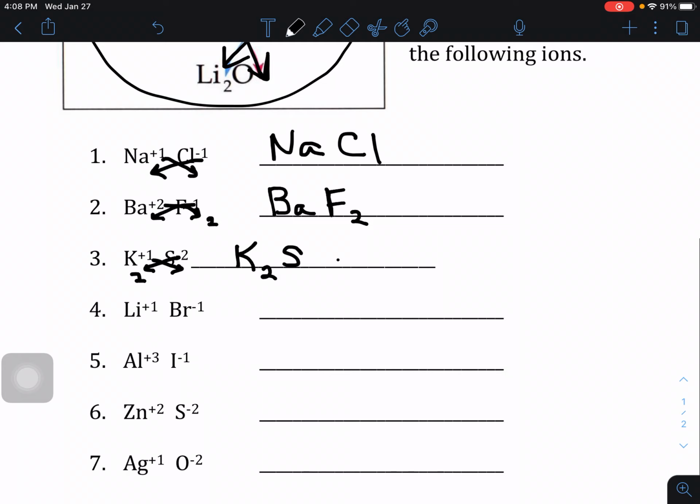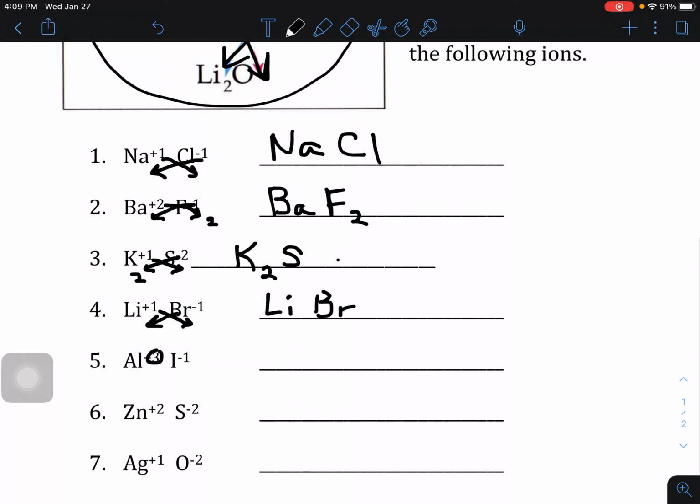Number 4, lithium and bromine. Lithium with a +1 and bromine with a -1. The 1s are understood, so we just put lithium Li and bromine Br. Number 5, aluminum.